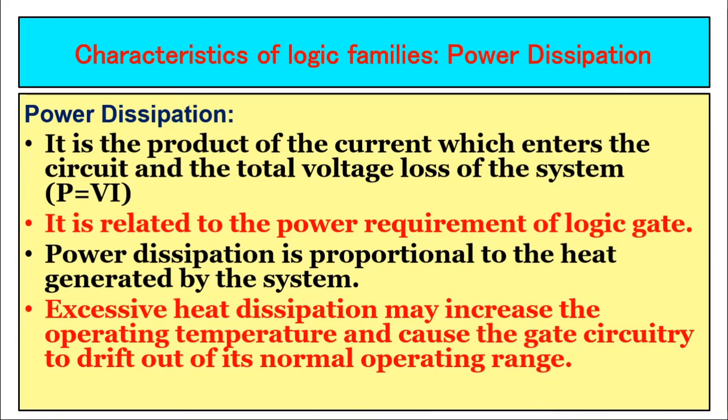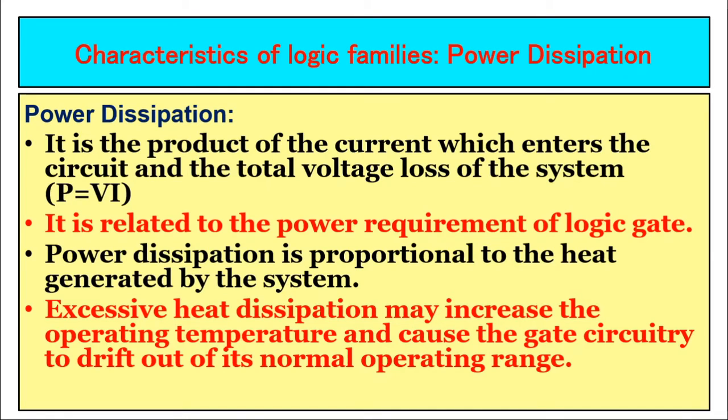Power dissipation. It is related to the power requirement of that logic gate. When a circuit switches from one state to the other, power dissipates. Power dissipation is the amount of heat, in terms of milliwatts, that the IC dissipates in the form of heat.